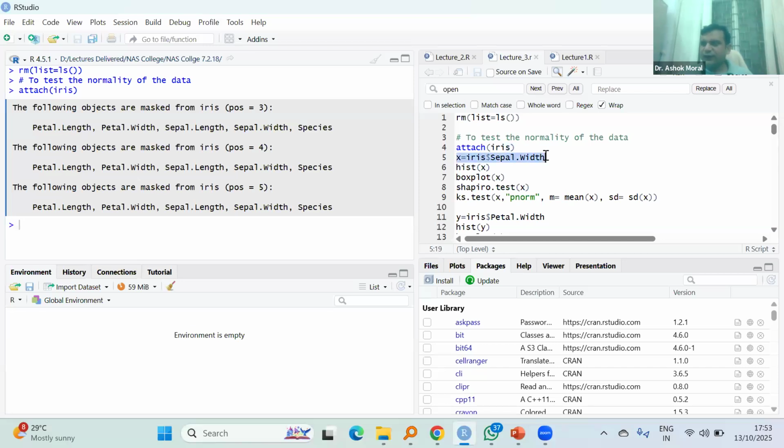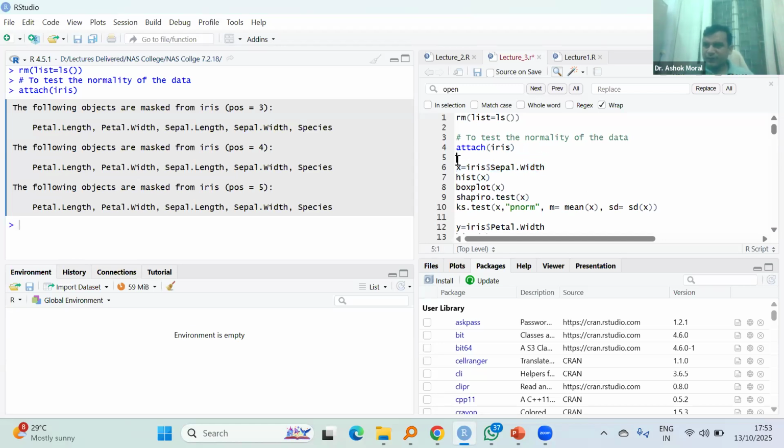And in this case, we are considering X as the sepal width. Directly we can use iris sepal width everywhere, or we can store the values of the iris sepal width in another object, that is X. Is it clear?